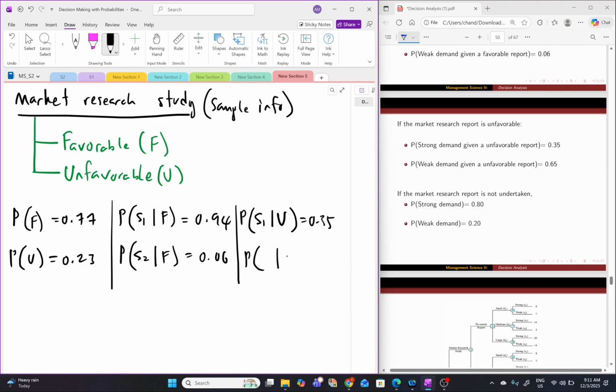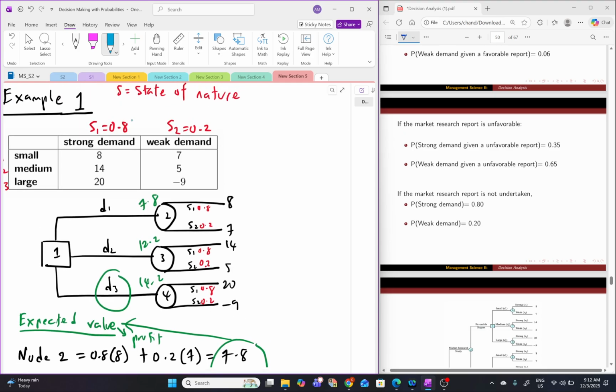This one is unfavorable report, nak beli, 0.65. Now, how many probabilities do you have? You have 1, 2, 3, 4, 5, 6, and then 7, 8. All these probabilities, all these conditions, kita nak lukis dalam satu tree diagram first.